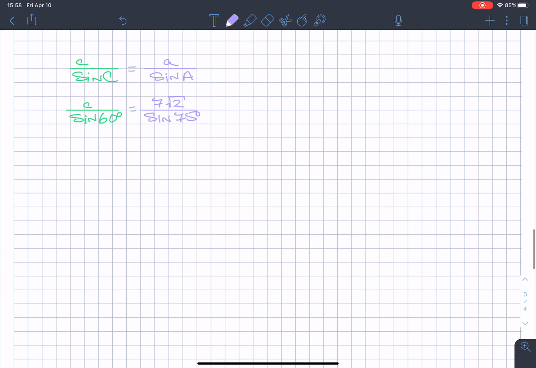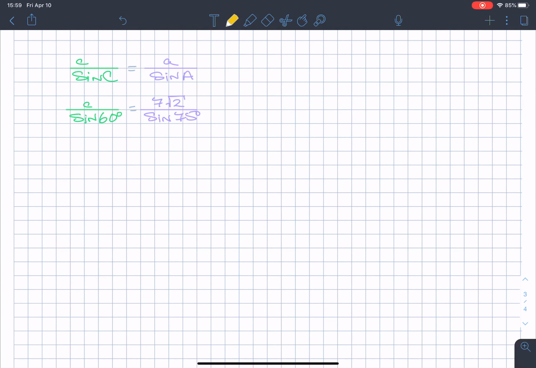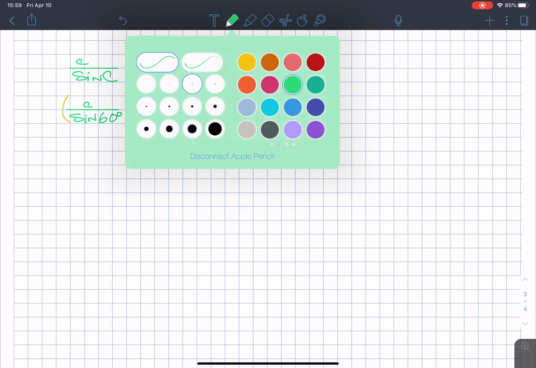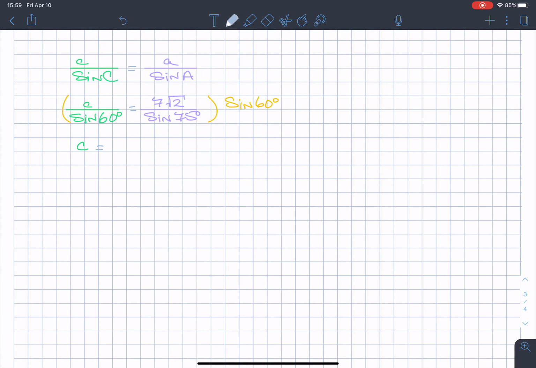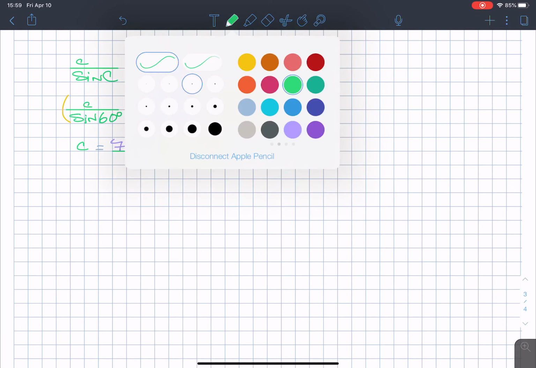Okay, so I want to cross multiply. Let's do sine of 60 degrees to isolate C. So I get C is equal to 7 times the square root of 2 times sine of 60 degrees, all divided by sine of 75 degrees.